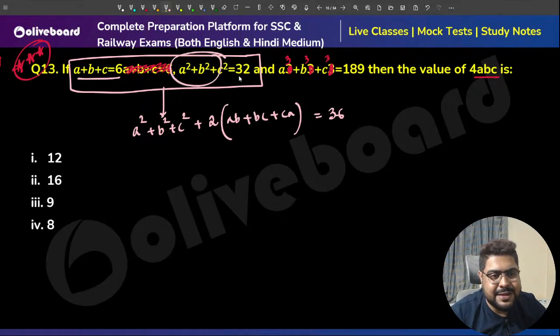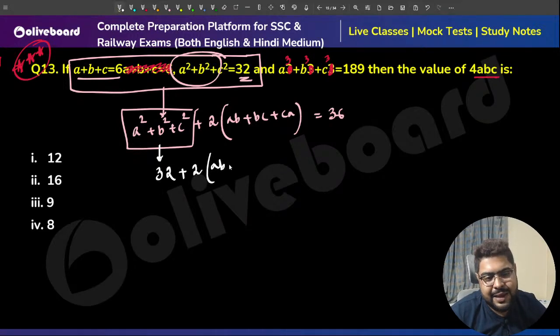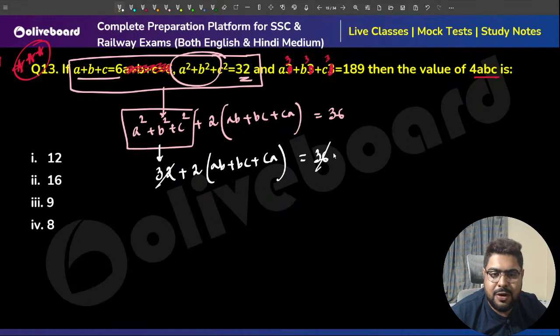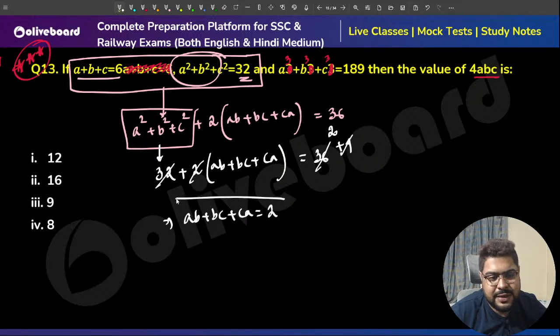This much is 32, it is given. So 32 plus 2 times (ab plus bc plus ca) is equal to 36. So ab plus bc plus ca is equal to 2.